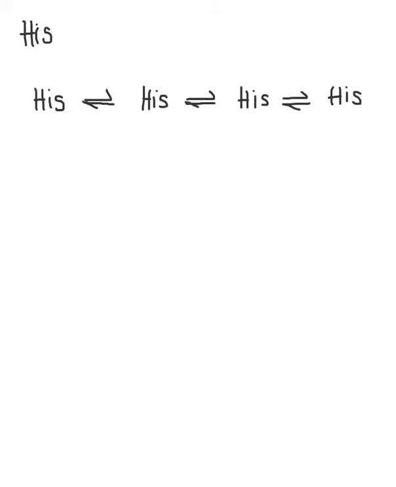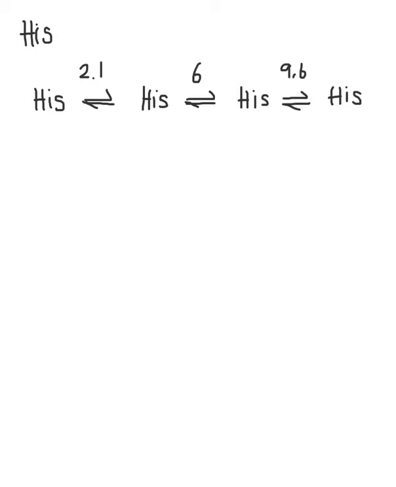Then we come to the last candidate for our answer, histidine. The histidine side chain has a pKa of 6, so the pKa of the side chain is the second one. The first one is still the pKa of the alpha carboxylic group, and the last pKa is from the alpha amino group.